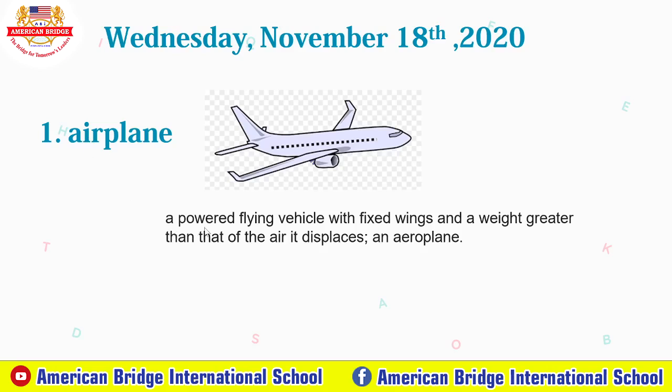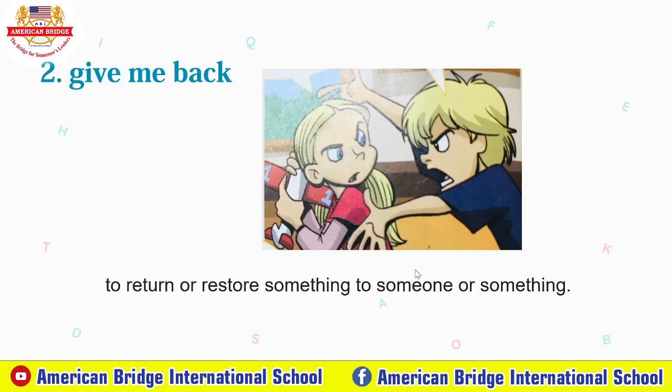An airplane is a powered flying vehicle with fixed wings and a weight greater than that of the air. It displays an aeroplane, right? So you can see in this picture, this picture we call airplane, right? Now let's move to the second picture.